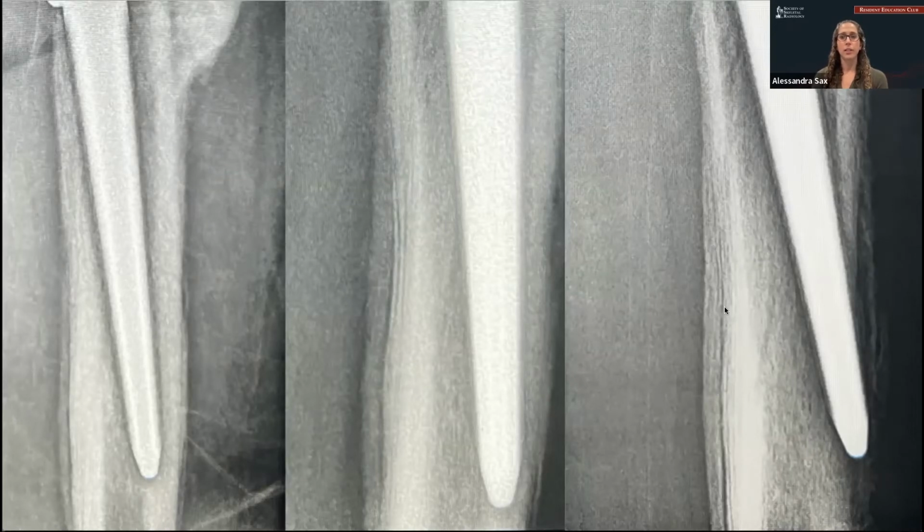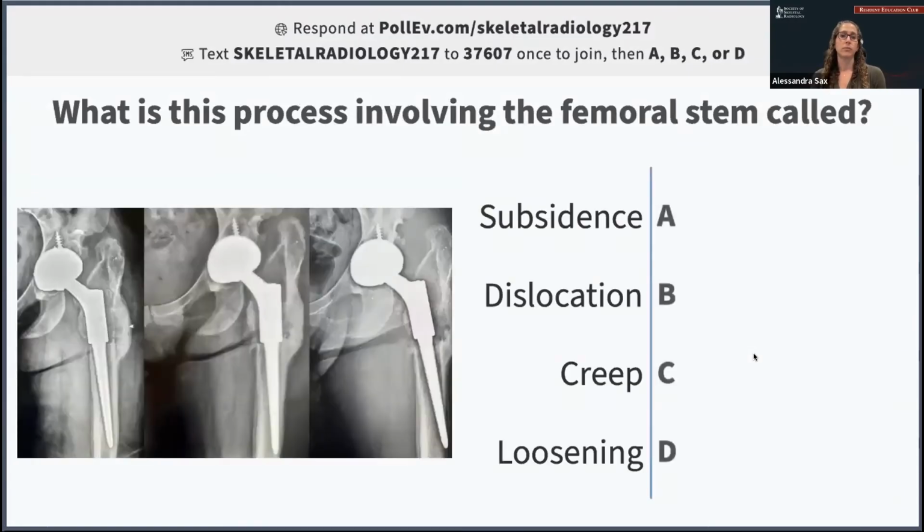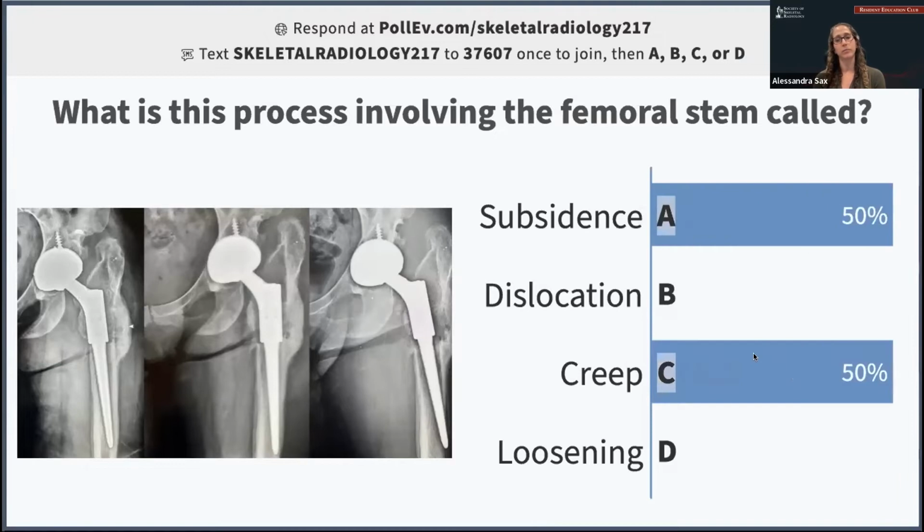Right, you can see that there's lucency around this stem, some periosteal reaction. It's now actually poking out through the cortex here. All right, what is the process involving the femoral stem called in this case?